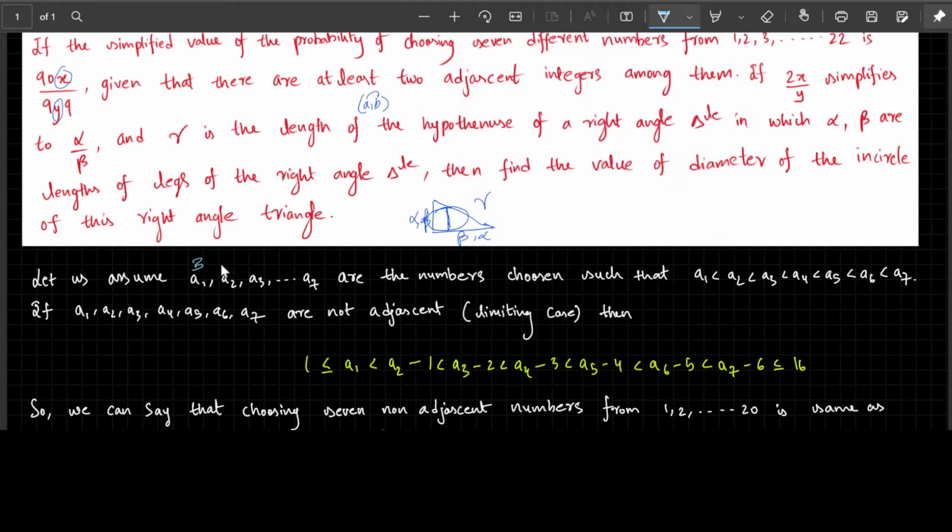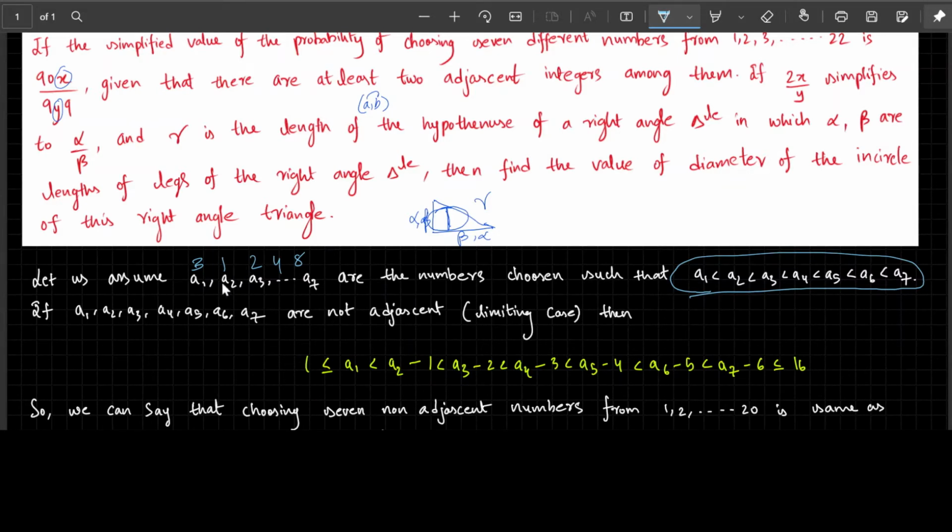If I choose 3, and this is 1, this is 2, this is 4, and this is 8, something like that, whatever set of 7 numbers you choose, you can actually rearrange them in this way, isn't it? That is the reason we have done it. You can just rearrange them. That's what I'm saying.